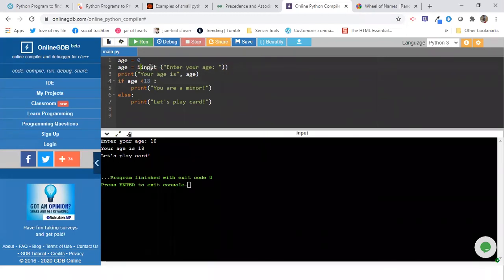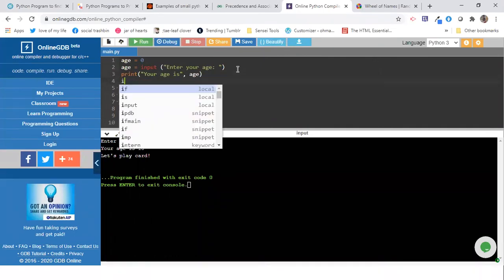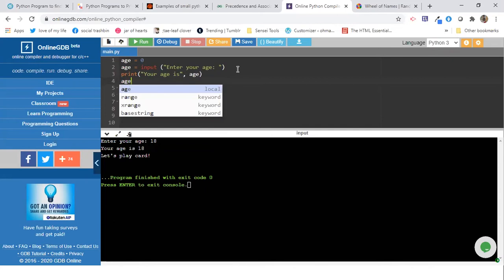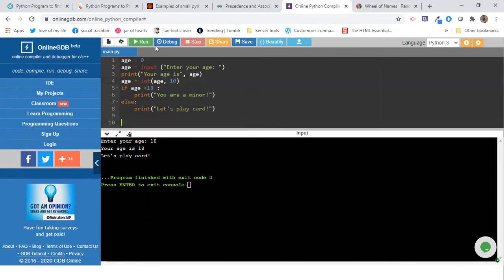Ma'am, yung if nakahiwalay, yung data conversion natin. Base 10. Will this run? Mag-run pa rin yan. 17. Minor. 19.